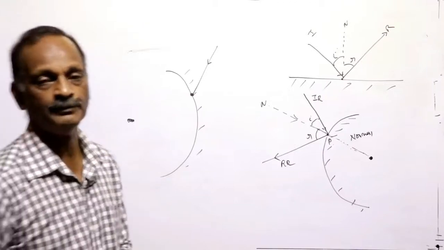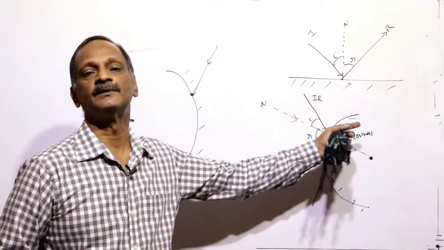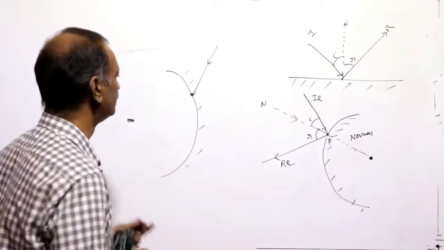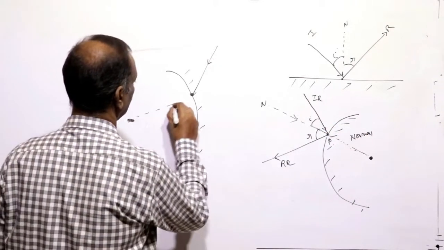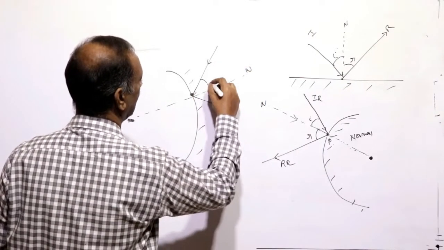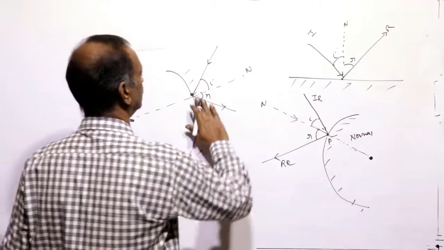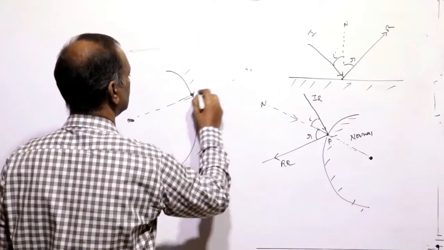So you should not have any problem in calculating the angle of incidence. It is always with respect to the normal and the incident ray. Here, from here, draw this; this becomes the normal, exactly the same angle. This is I, this is R. Sorry, this is the normal.